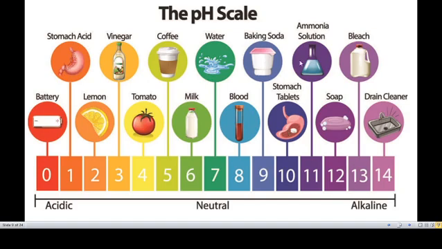Stomach tablet, ammonia solution, soap. Bleaching powder 13. Drain cleaner 14. The pH value 7 is called a neutral solution. The pH value less than 7 is an acidic solution. The pH value greater than 7 is an alkaline solution.